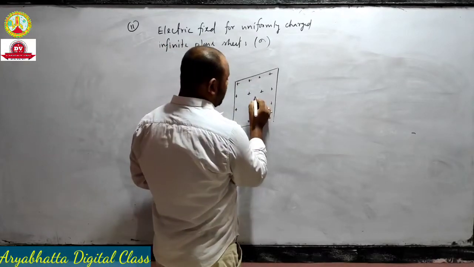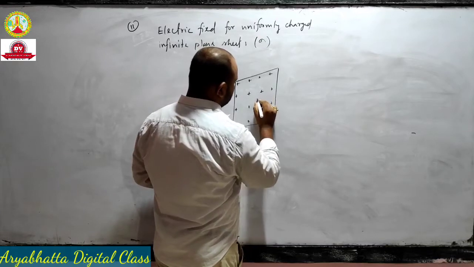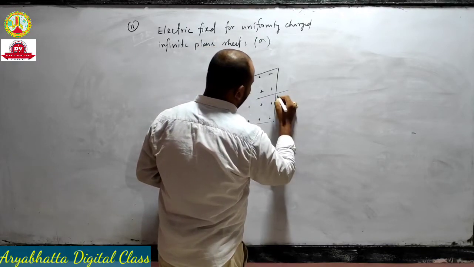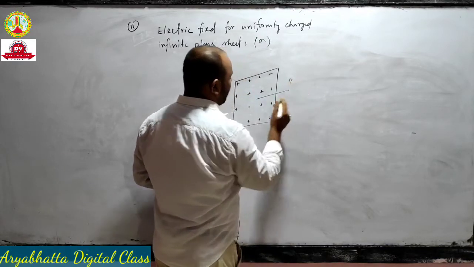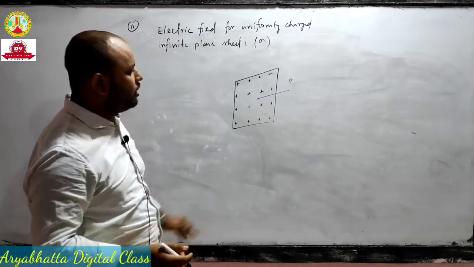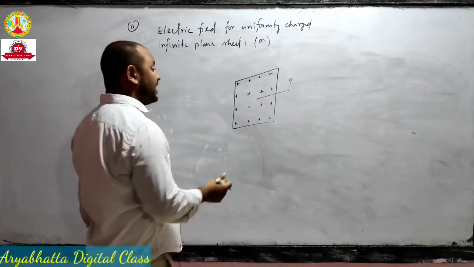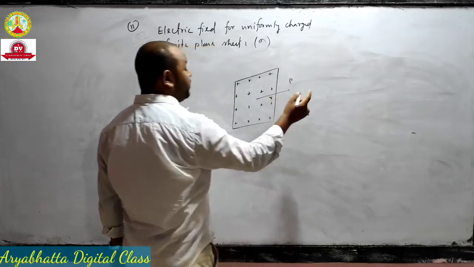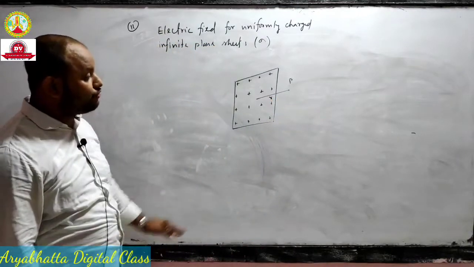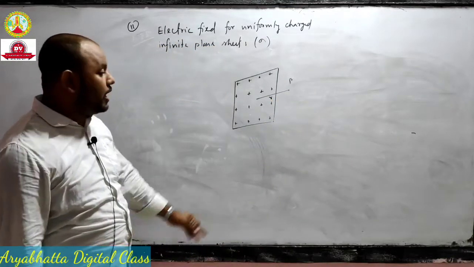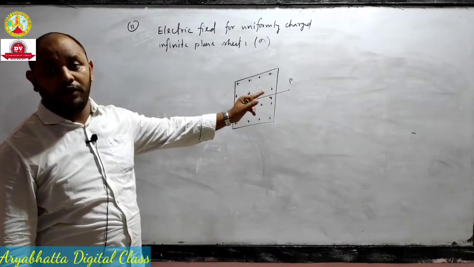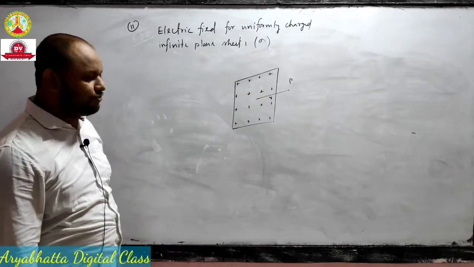Suppose from this plane sheet, at a distance r, we have considered a point P. Point P is at a distance r from this plane sheet, and at point P we are going to calculate the value of electric field.